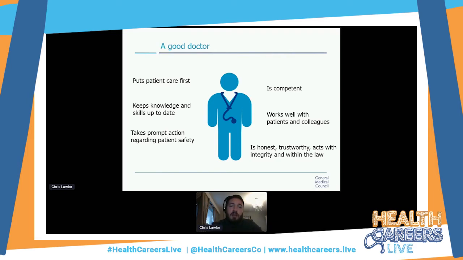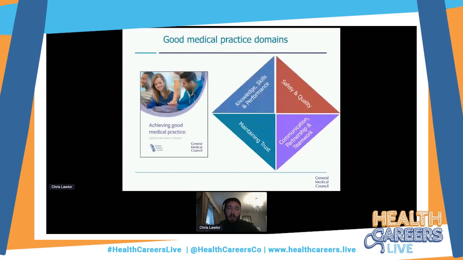to our key guidance, and this is where we relate the guidance specifically to you as medical students or prospective medical students. So this is our key piece of guidance that relates to students, and it's around achieving good medical practice.